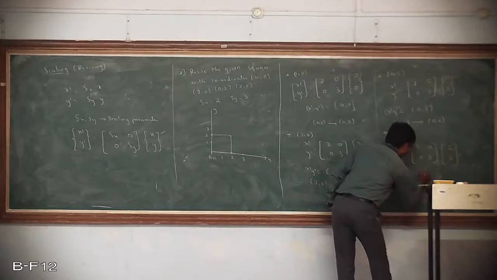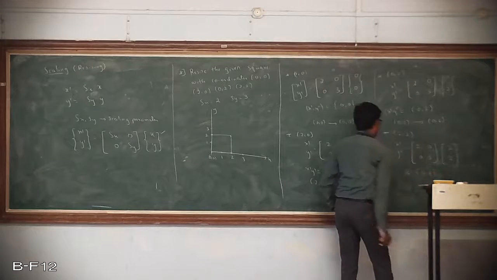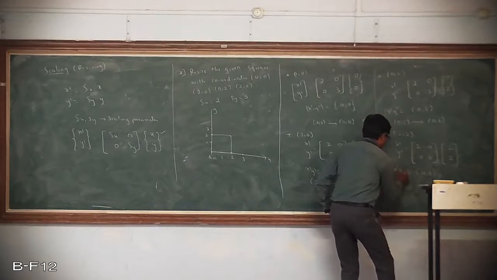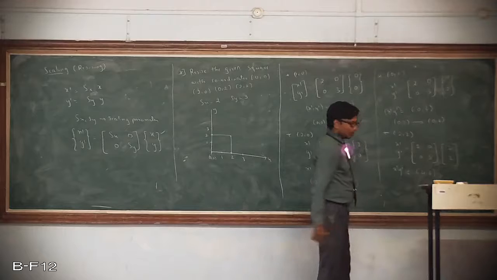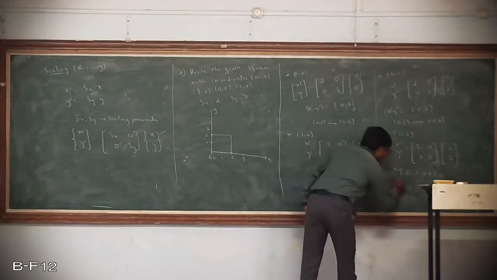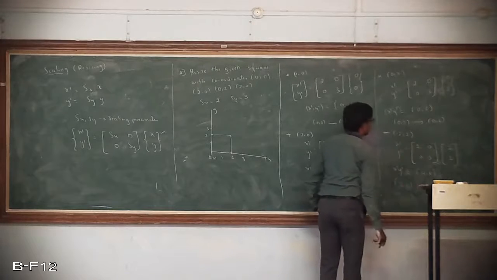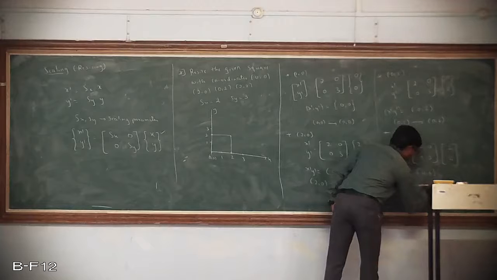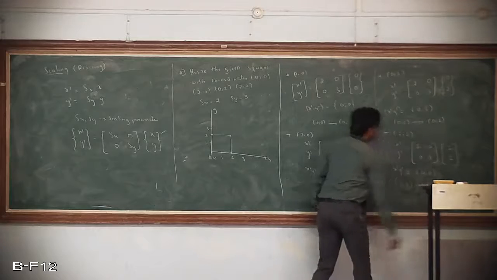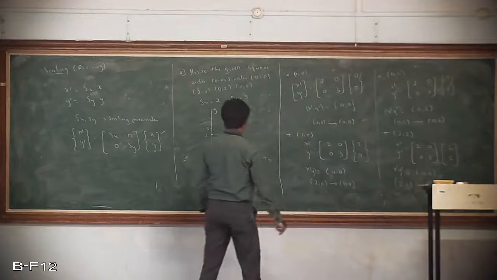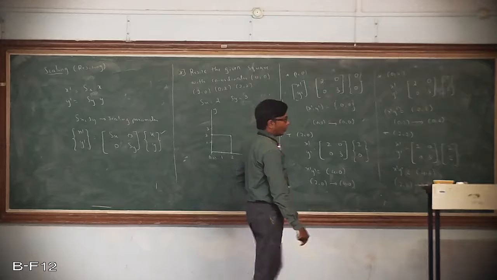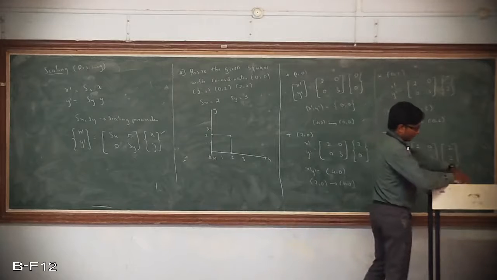So what will we get? 4, 6. So x dash y dash is 4, 6. Now what has happened? 2, 2 has been shifted to 4, 6. Okay, 4, 6.